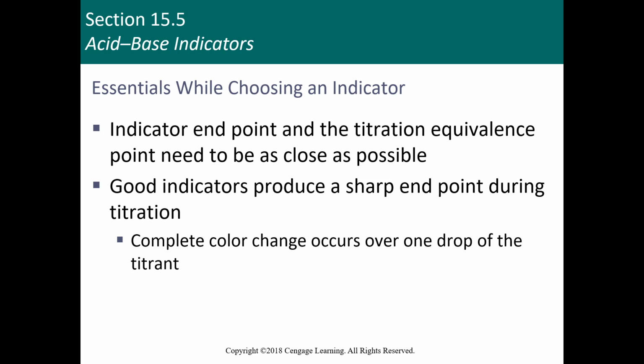Now, the essentials while choosing an indicator. The indicator endpoint and the titration equivalence point need to be as close as possible. Good indicators will produce a sharp endpoint during that titration. Now, a sharp endpoint typically is not going from like blue to green, okay? That's actually kind of hard to see.